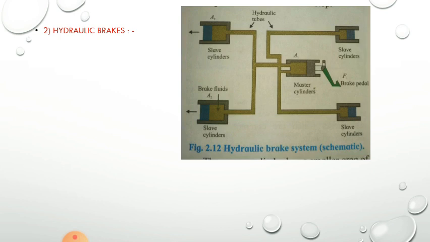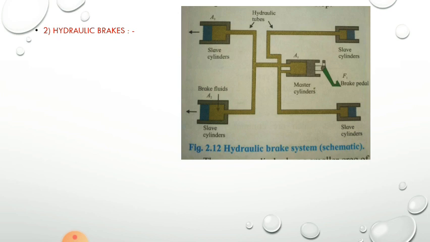By pressing the brake pedal, the piston of the master cylinder is pushed in the forward direction. As a result, the piston in the slave cylinder, which has a much larger area of cross section as compared to that of the master cylinder, also moves in the forward direction so as to maintain the volume of the oil constant.